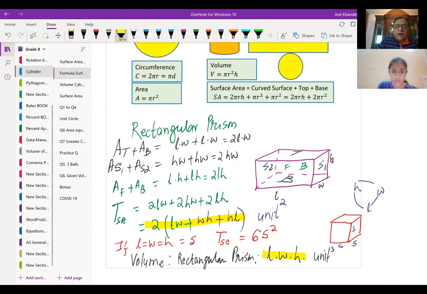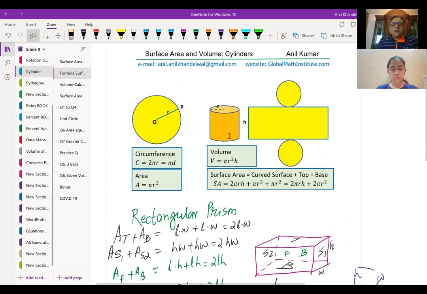If you have a cuboid, then all the surfaces have the same area, S squared, if S is the side length, and you get 6S squared as the area of the cuboid. Is that clear? So we can easily do questions based on the rectangular prism, and once you understand this, we can take up questions based on a cylinder.